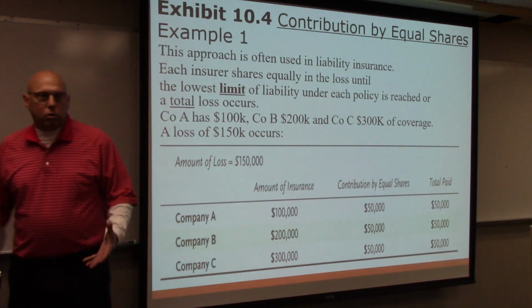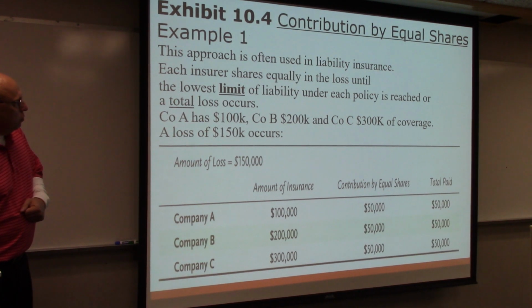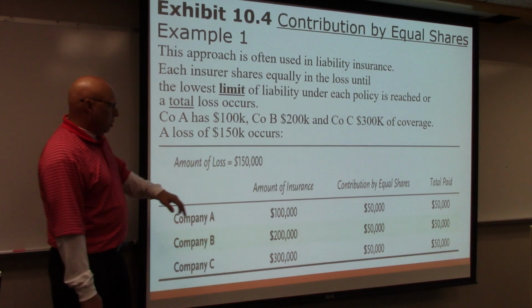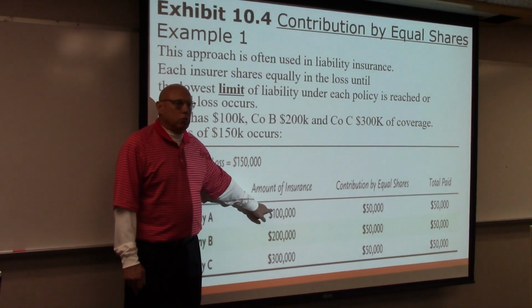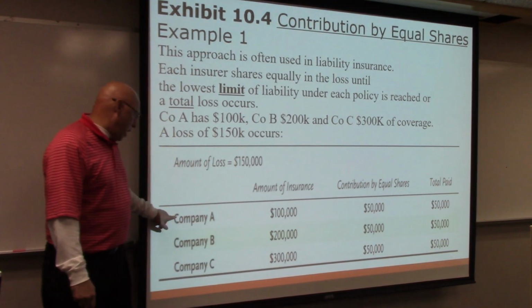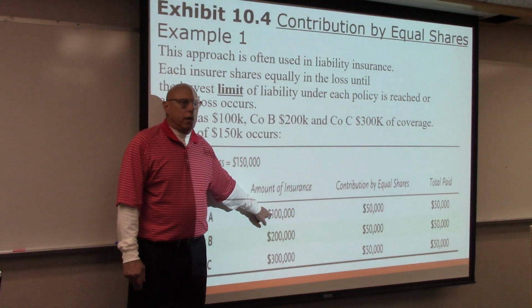Because the loss split three ways is beneath the 100,000. The highest loss that company A will take is 100,000.